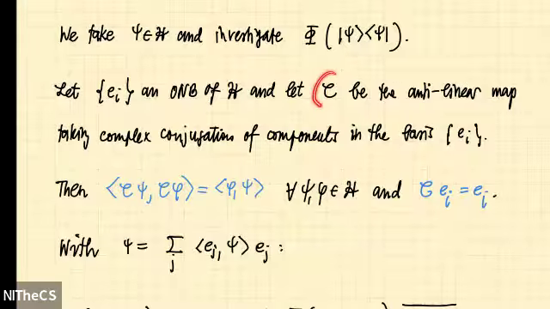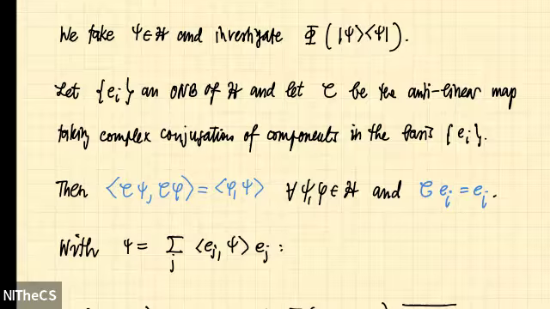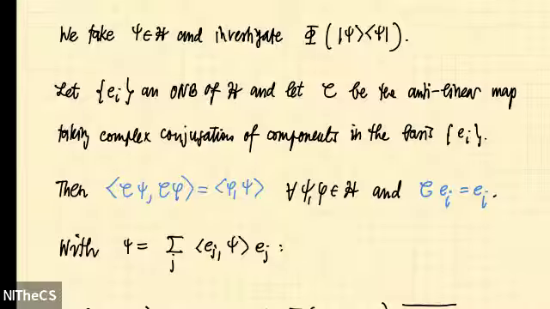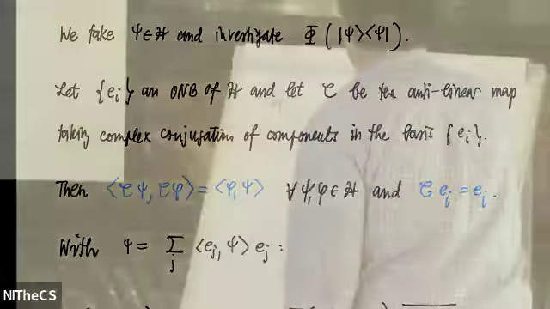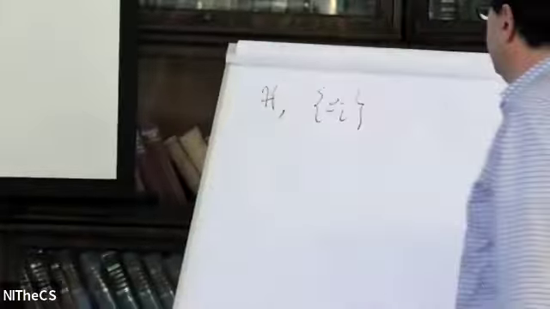And let's define C, an antilinear map, which is the map taking complex conjugation of components in the basis e_i. What does that mean? It's actually sometimes useful to look at antilinear maps. I don't know if you have encountered antilinear maps often, but if I have a Hilbert space H with an orthonormal basis e_i, that's our setup. What does it mean that this is an orthonormal basis?